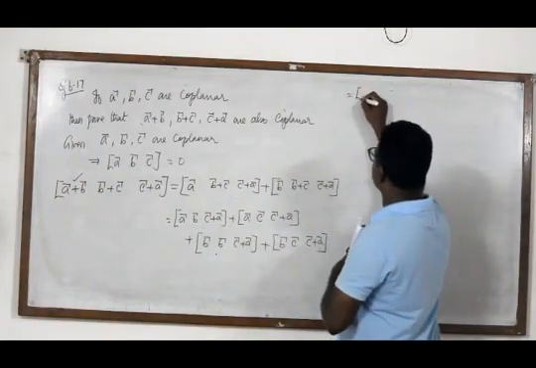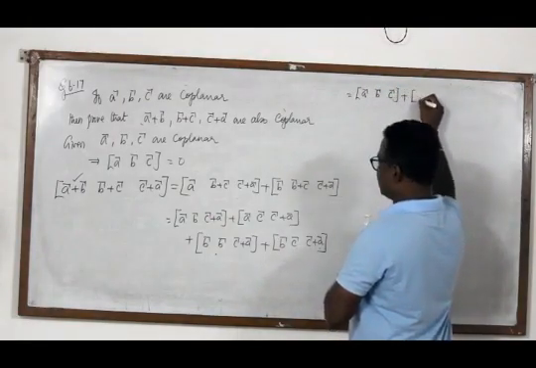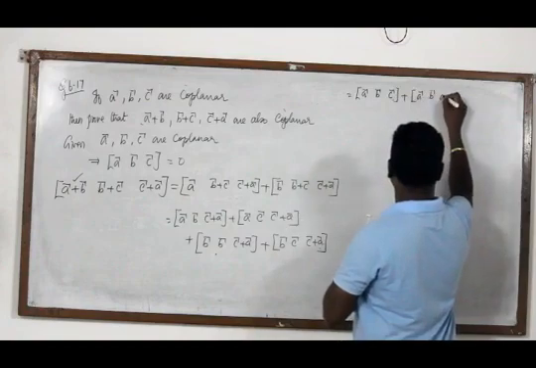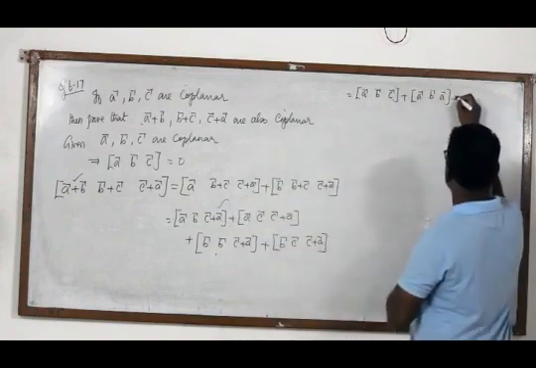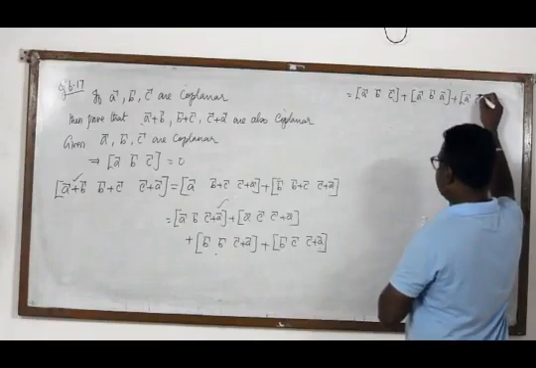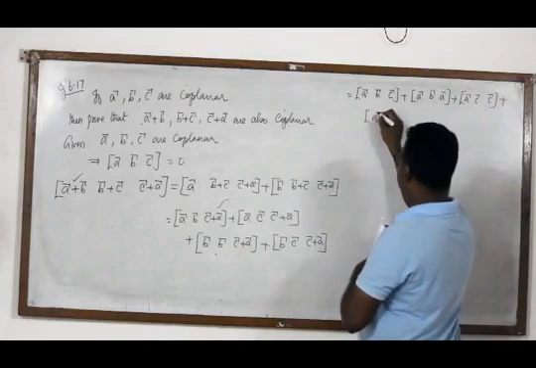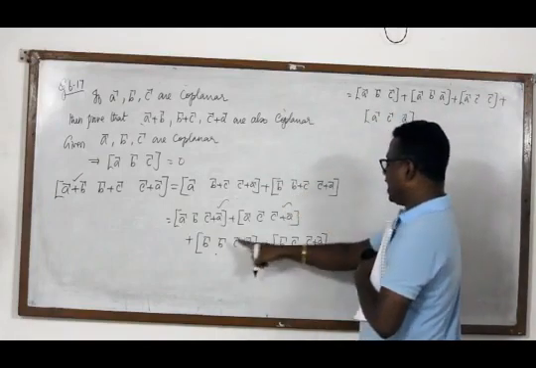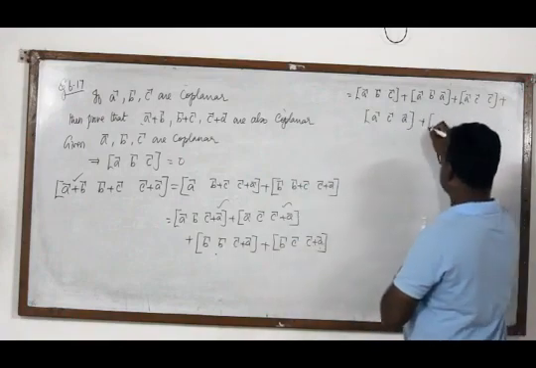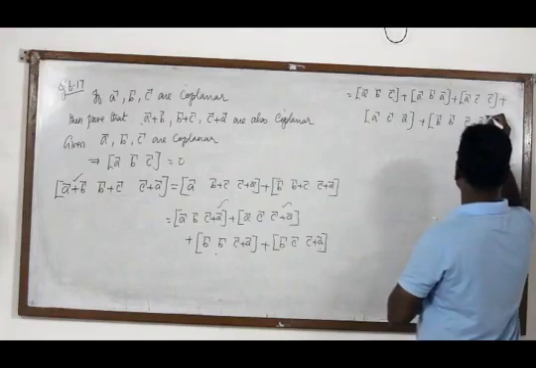That is A, B, C plus A, B, A. This one is over. Now coming to this: A, C, C plus A, C, A. So this one is over. I am not going to split this because this is going to become 0 already. So I am just writing it as it is.